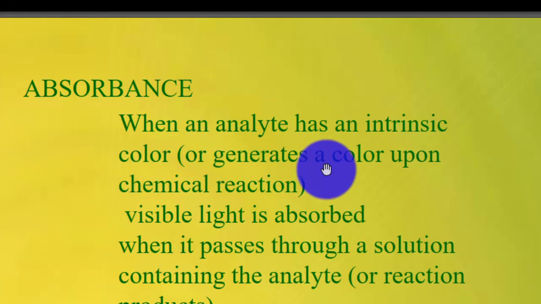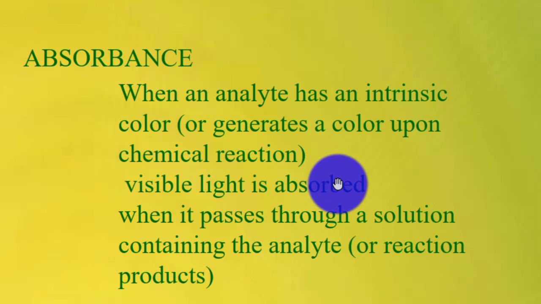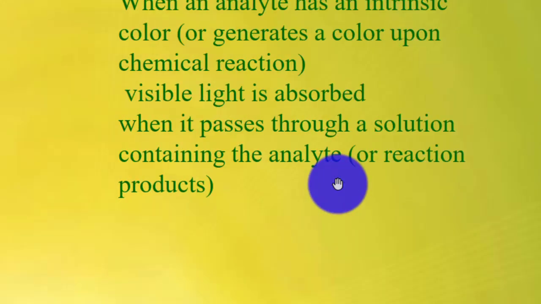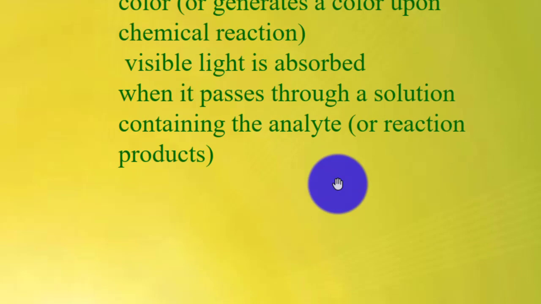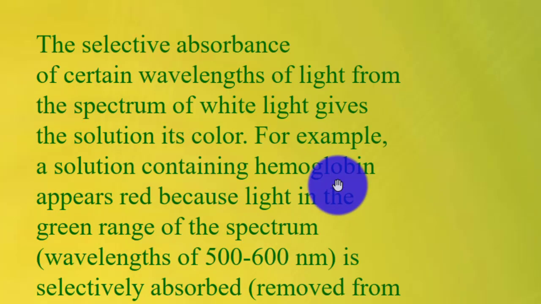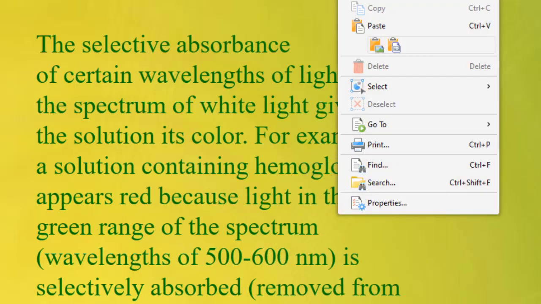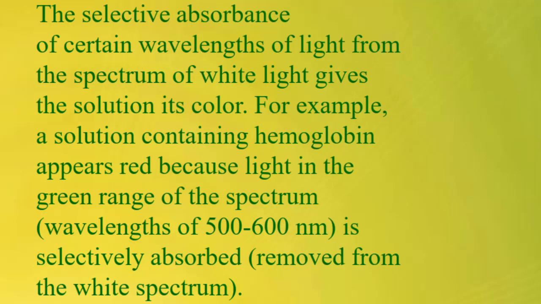Absorbance: when an analyte has an intrinsic color or generates a color upon chemical reaction, visible light is absorbed when it passes through a solution containing the analyte or reaction products. The selective absorption of certain wavelengths of light from the spectrum of white light gives the solution its color.